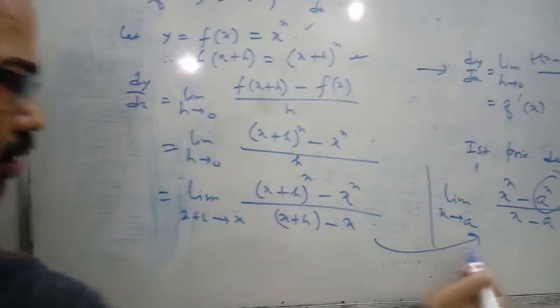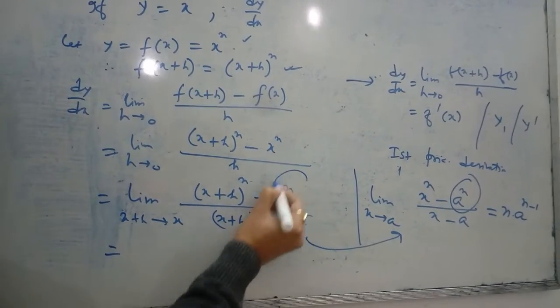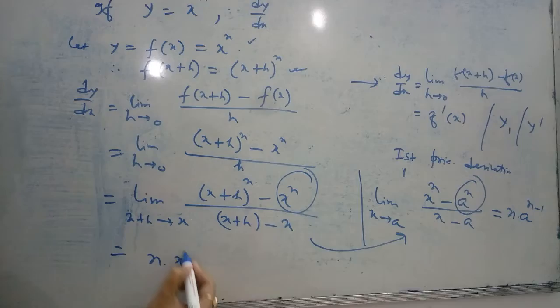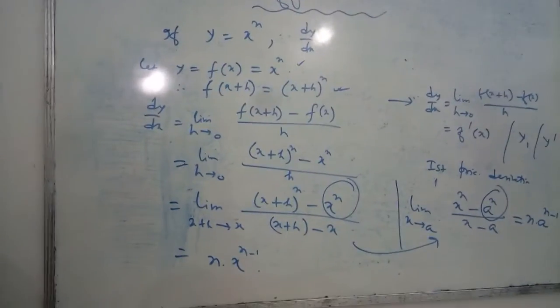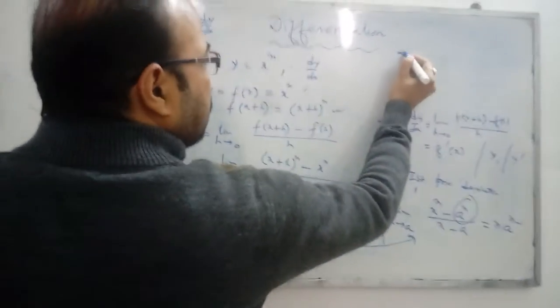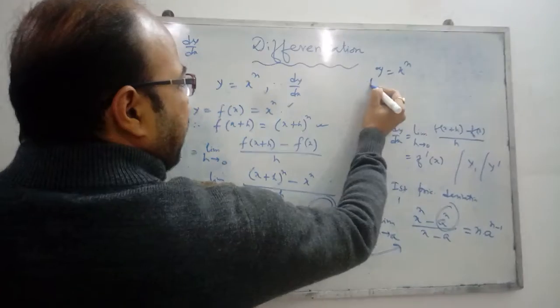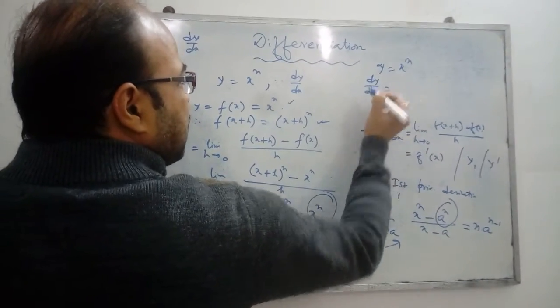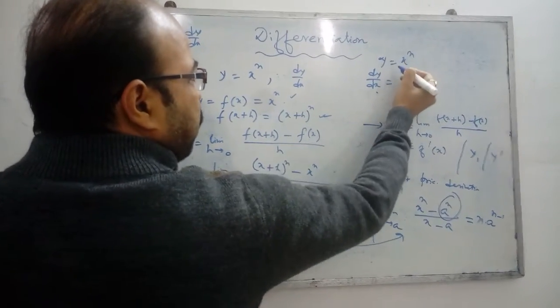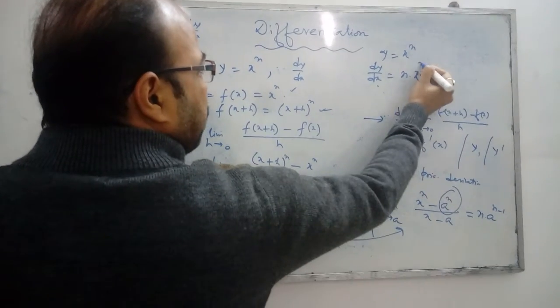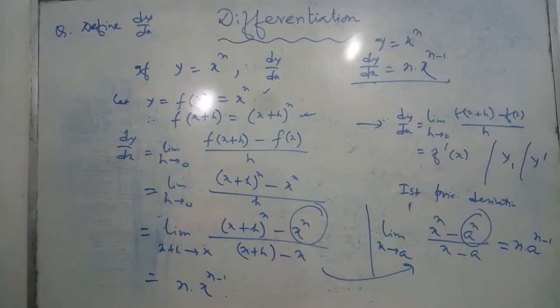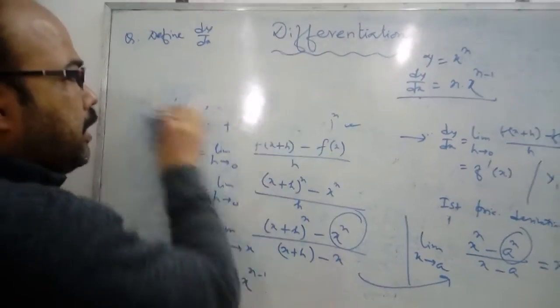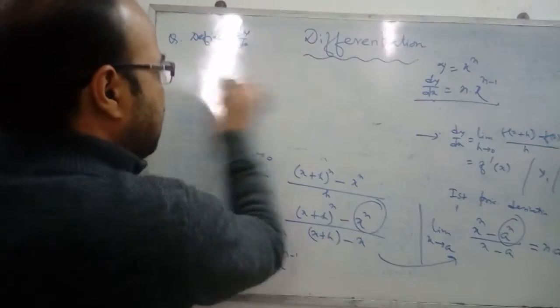Relate this with that. So the form is n x to the power n minus 1. Now the formula is: if y is equal to x to the power n, then dy/dx is, the power comes in the front, n x to the power n minus 1. This is the formula. Let us use it in different examples.